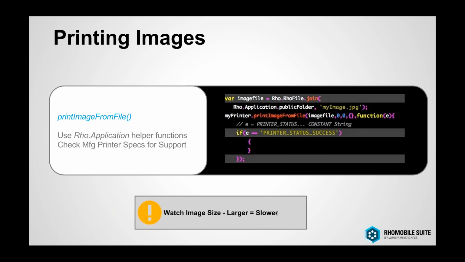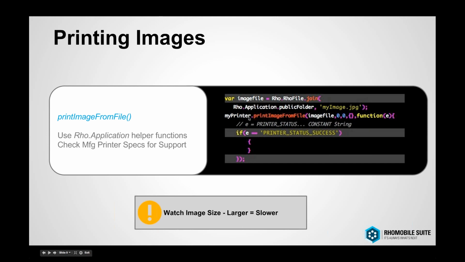But anyhow, it essentially works the same as printing a set of commands from a file. In this case, I am again including an image file in my application's public folder, and I'm just creating a fully qualified URL to that, so I can pass it into the print image from file method.